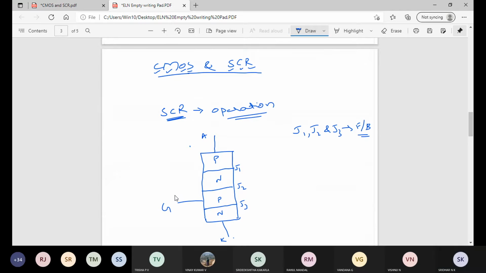So there are 3 modes of operation. The first one is forward blocking mode.